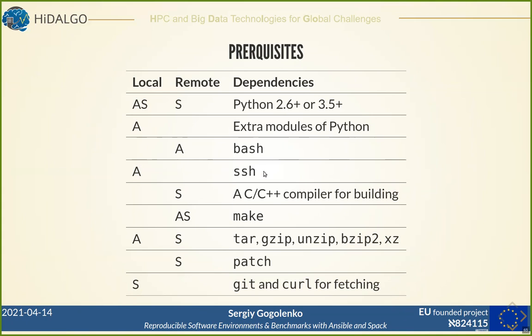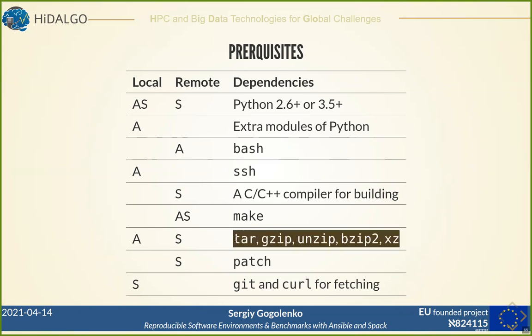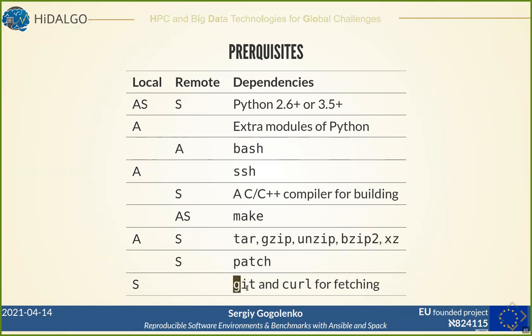Then we will need SSH, routines for unpacking packages, and Git and curl. And on the remote hosts, we will need just Python with some basic requirements in order to be able to run Spack on the remote host.